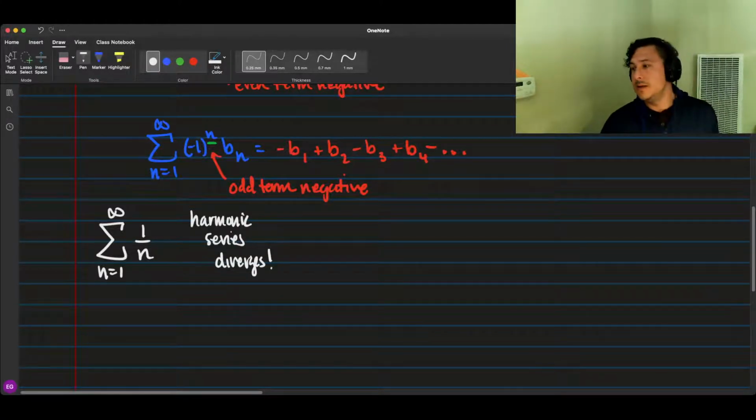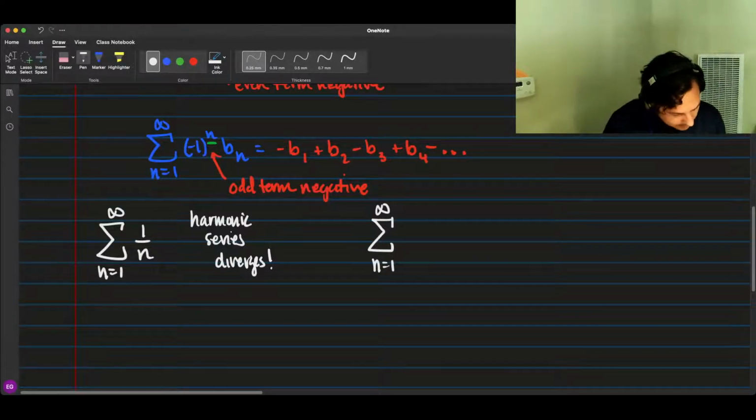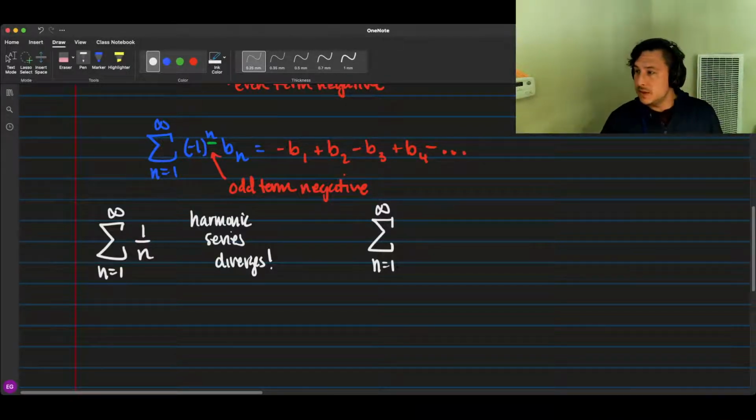Now we have another series that we're going to talk about, which is very, very similar to it. It is basically the same thing, but what you get is (-1)^n over n.